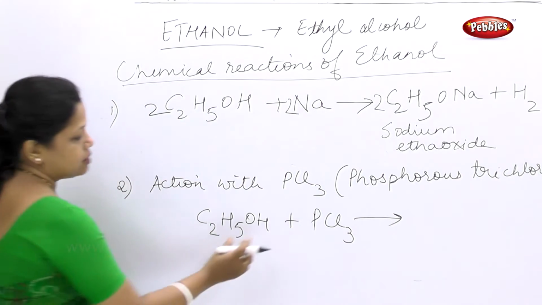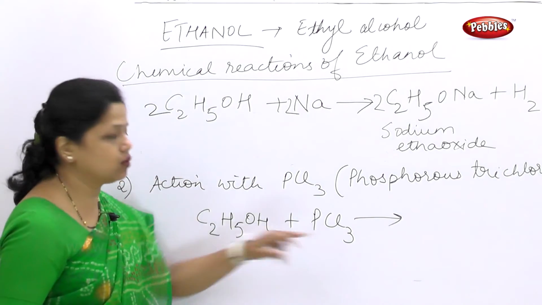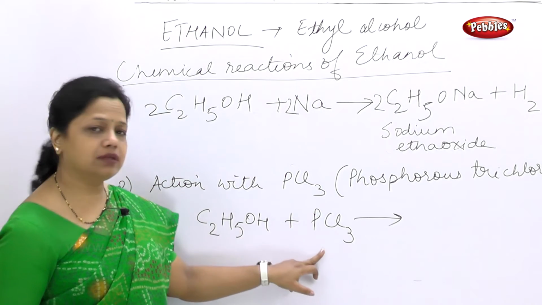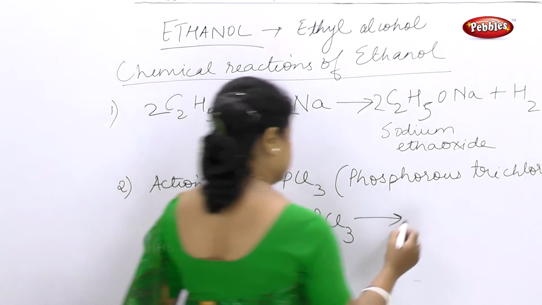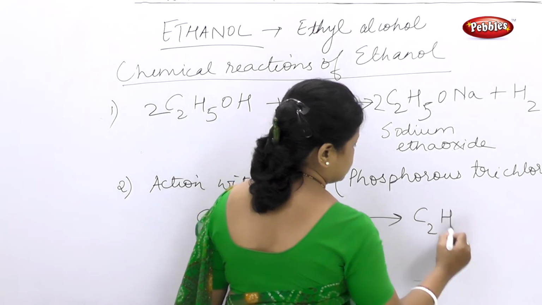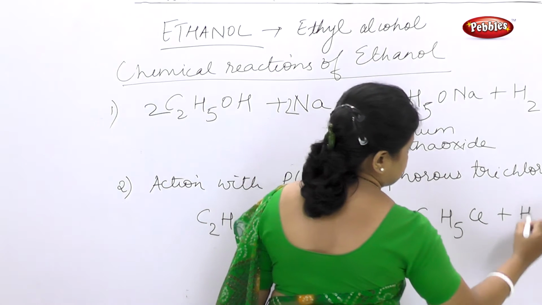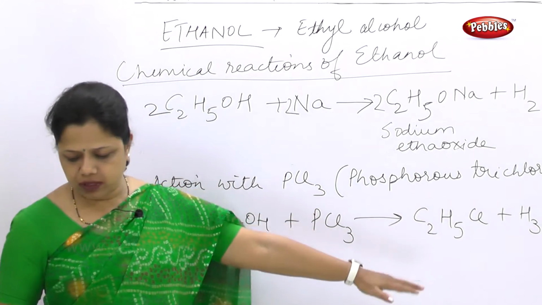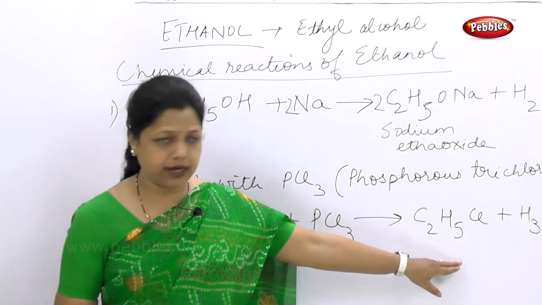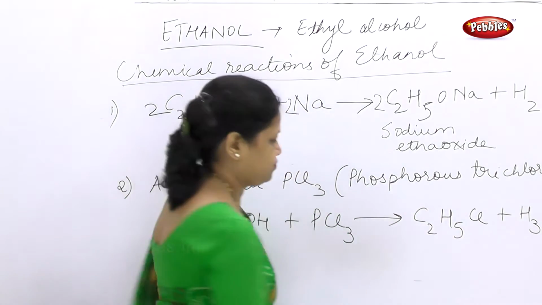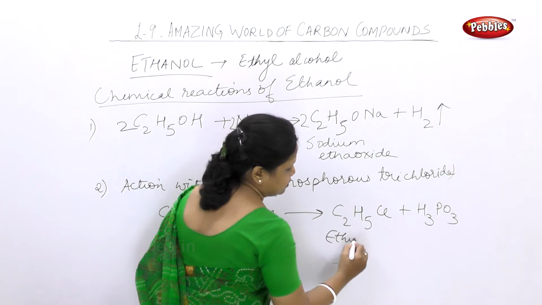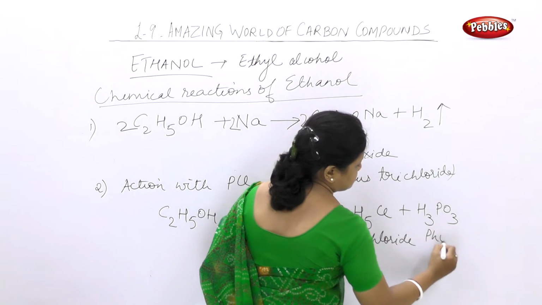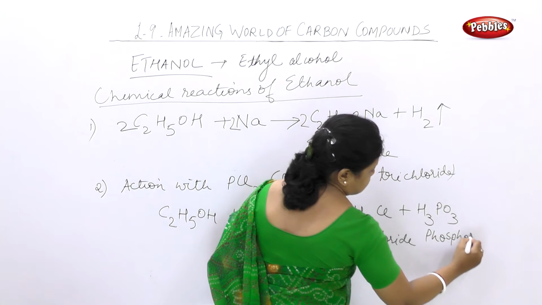Now this reacts, and the whole OH group is replaced by chlorine. So C2H5Cl will be formed and along with it phosphorus acid: C2H5Cl plus H3PO3. Now this is the reaction which is followed. This is called ethyl chloride and this is called phosphorus acid.